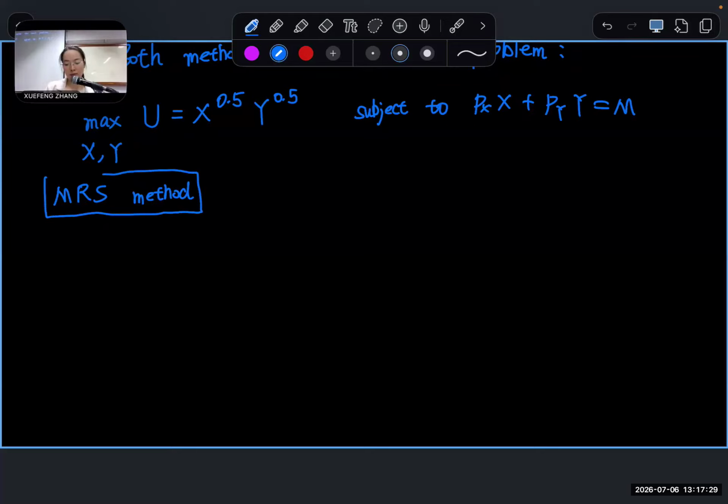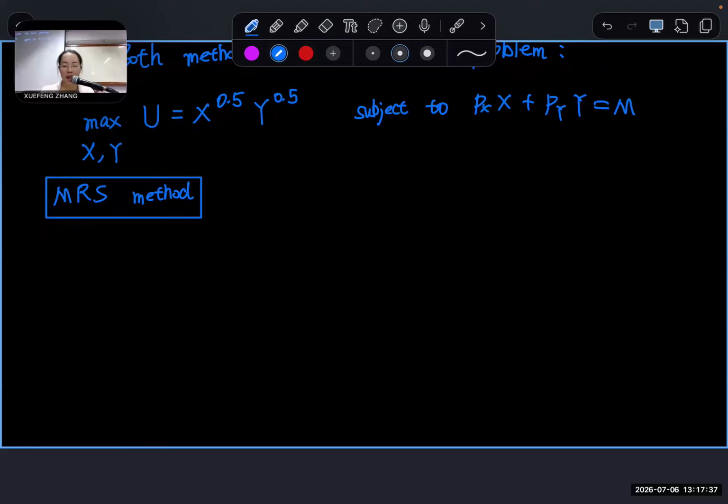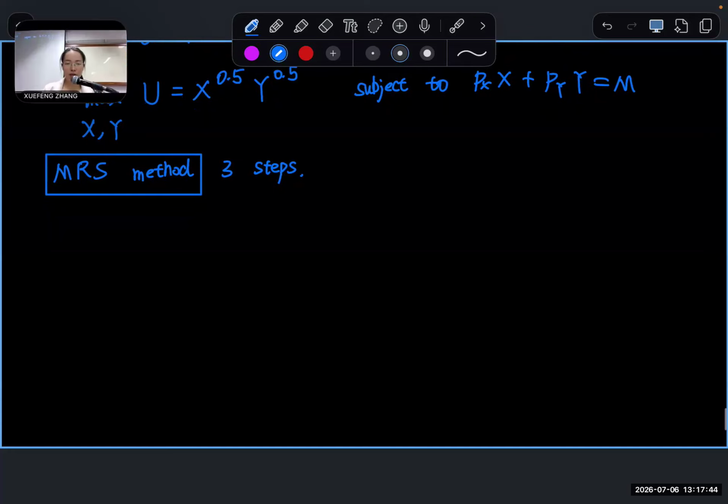How many steps in Lagrangian? Do you still remember how many steps in Lagrangian? Four steps, right? But here we have three steps. The first one, you just find the MRS. What is the MRS?